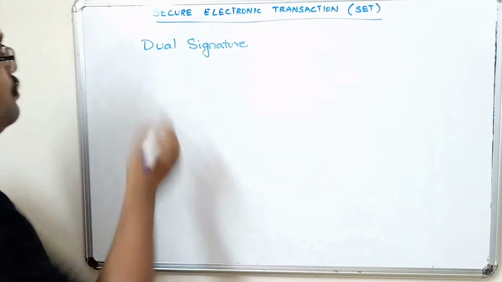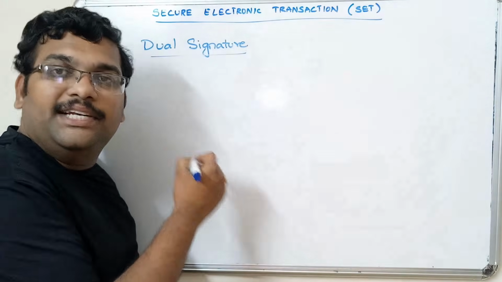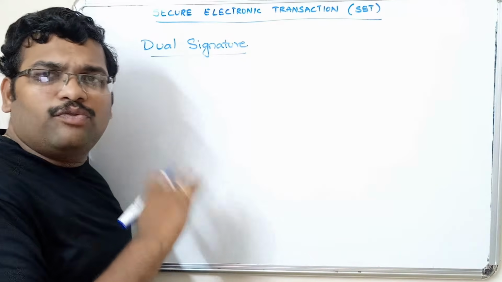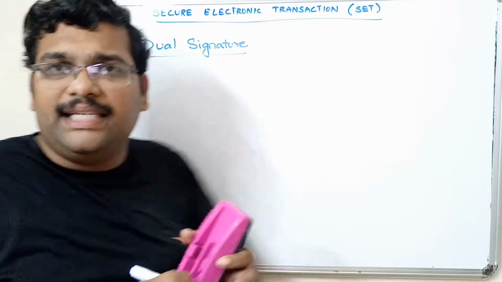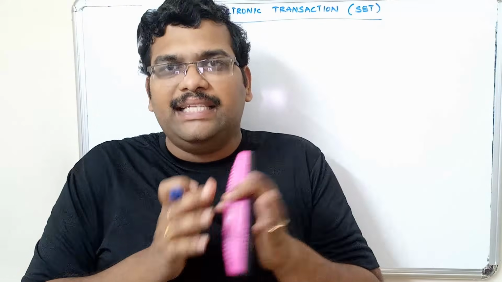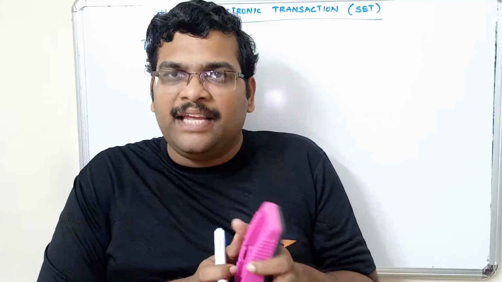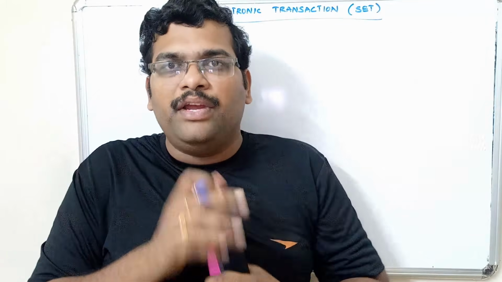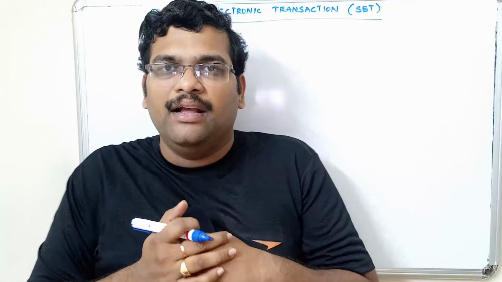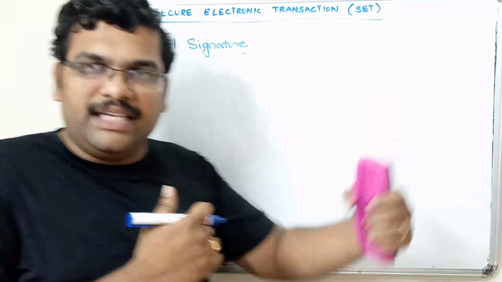Right? So how to create this dual signature? As we know, when the data is encrypted using the sender's private key, we call it a signature. Here we are calling it a dual signature.